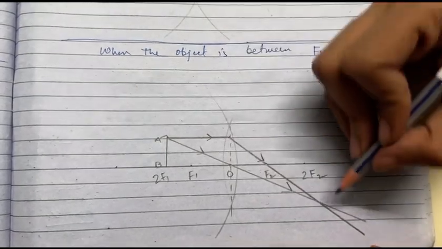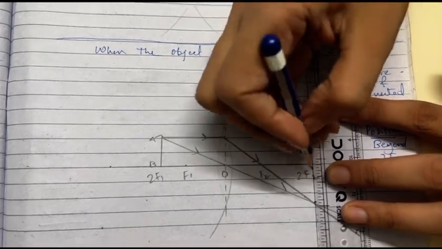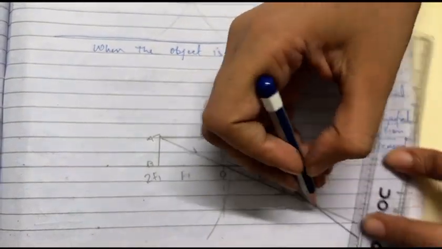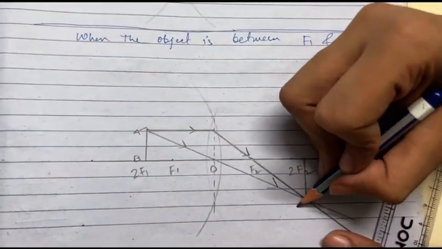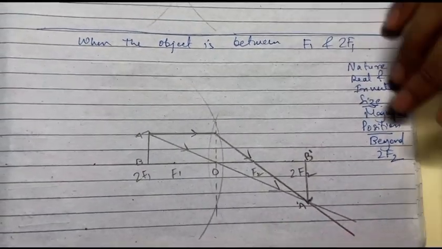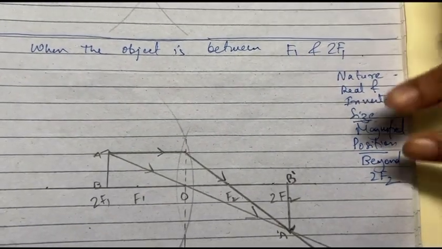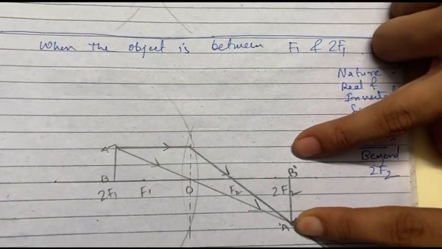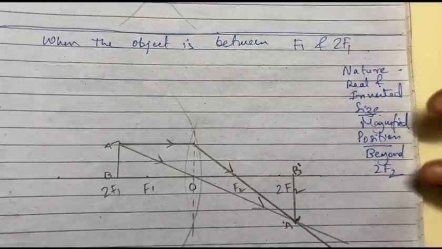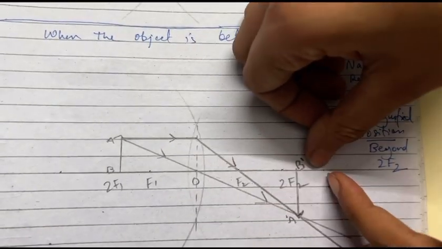This is the place where they are meeting. So let's join this. A dash, B dash. So what is the nature? We can see real and inverted. Size is magnified, we can see. And position, it is beyond 2F2, not at 2F, after 2F2.